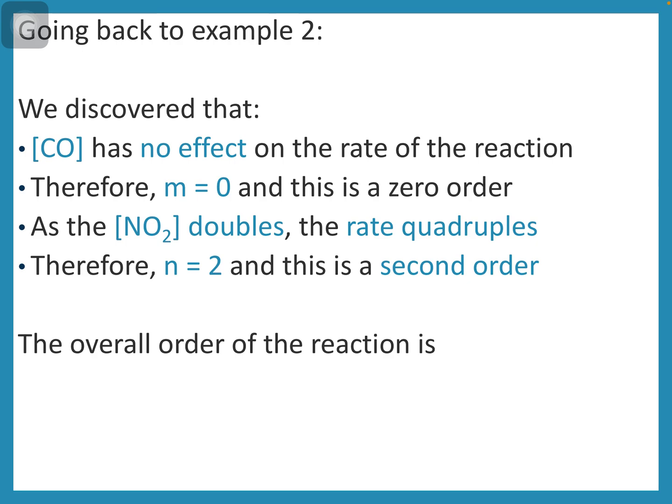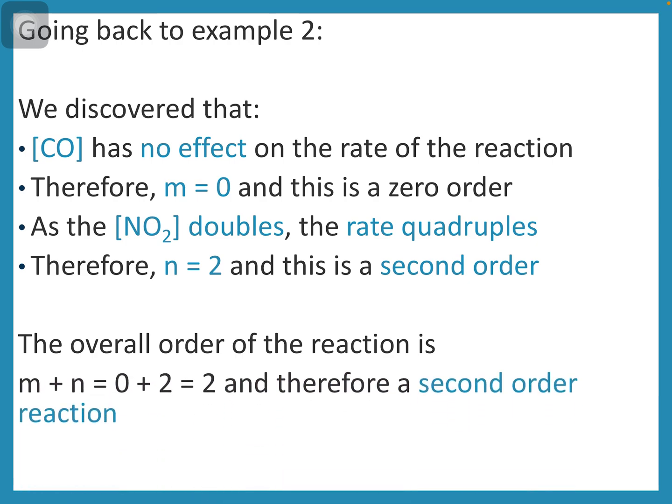The overall order of the reaction is also second order because we add up our exponents. So in this case, we have 0 plus 2. And so because carbon monoxide was 0 order and nitrogen dioxide is second order, here we have overall a second order reaction. So we can talk about the order of reaction of each reactant and also overall.